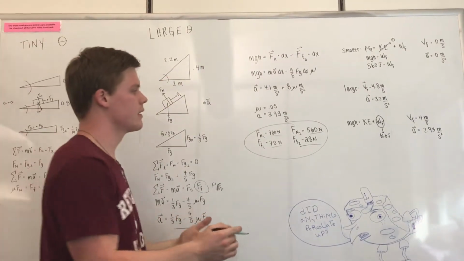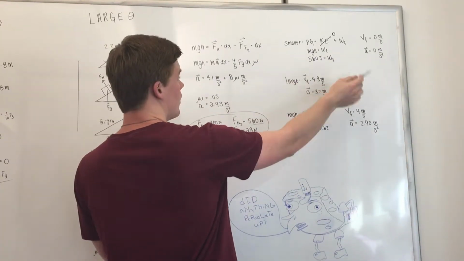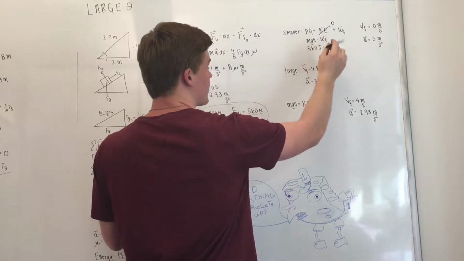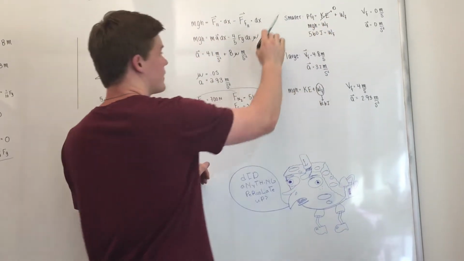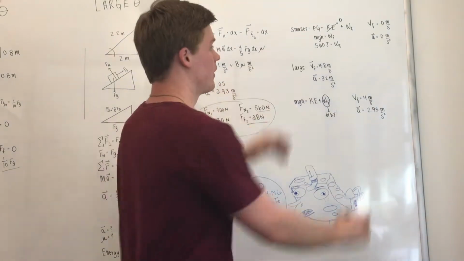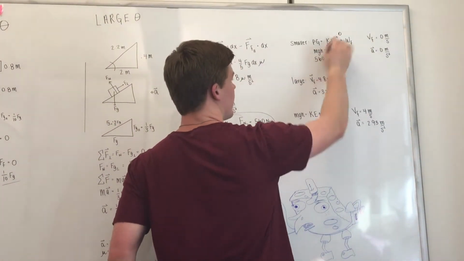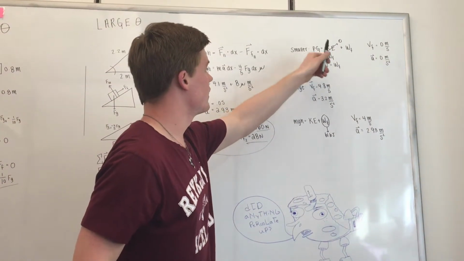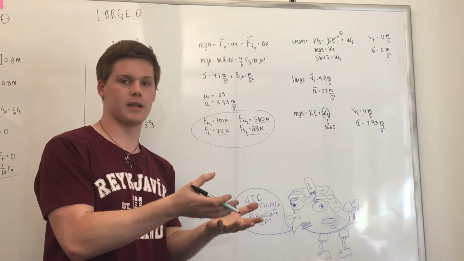And we can look at this through the energy lens again. When we have the smaller angle, we know that our potential energy goes to kinetic energy plus the work of friction. And we know that in the smaller case, he's not moving anywhere. Both velocity and acceleration are zero. So if velocity is zero, kinetic energy is 0 joules, and we know that potential energy is equal to the work done by friction because the friction is keeping him stationary.